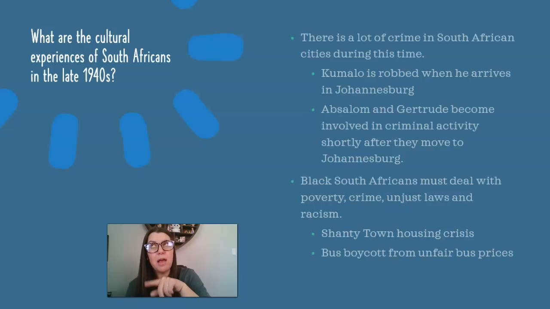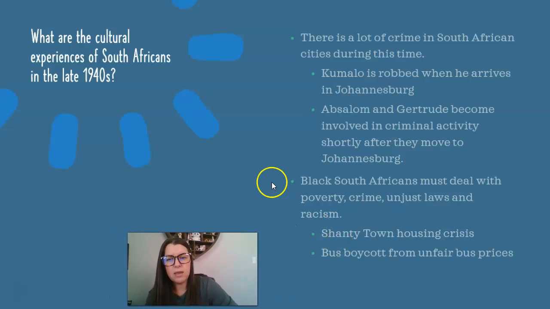Black South Africans must deal with poverty, crime, unjust laws, and racism. The shantytown housing crisis is a big part of that, and the bus boycott from unfair bus prices. I believe that's chapters 8 and 9 again.